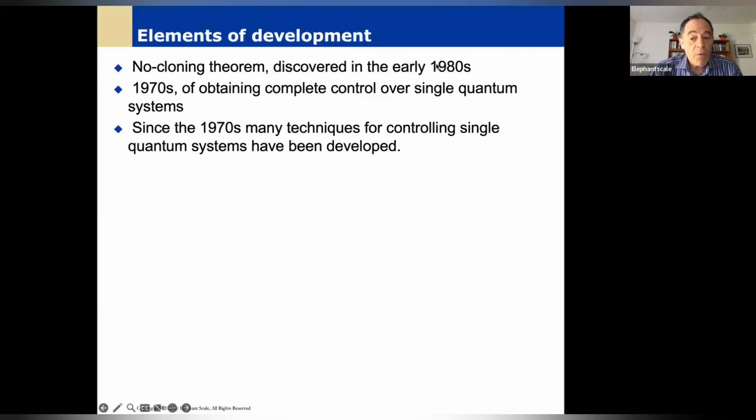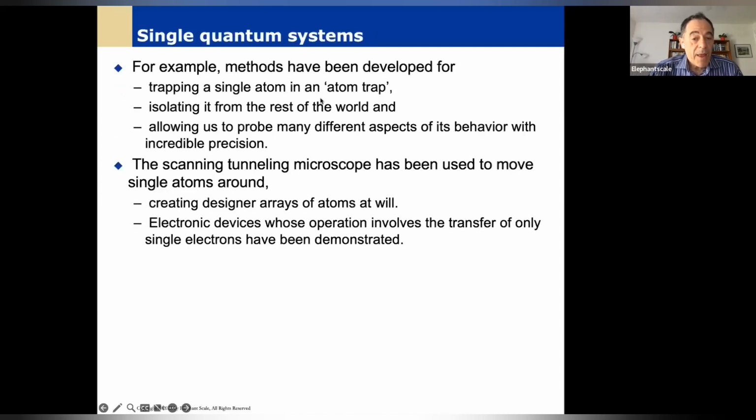And that all started in the 70s and 80s. What they wanted was control over individual quanta, individual qubits. Because here we are, we're big, too big. But we want to take advantage of the qubits of individual bits, individual atoms, individual photons, electrons.